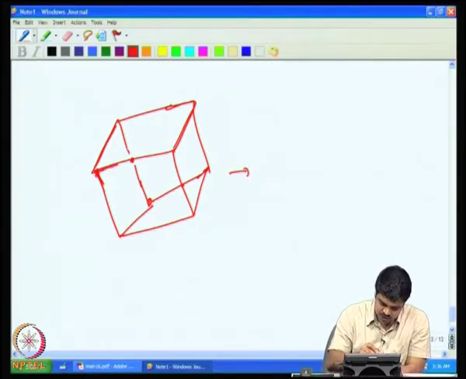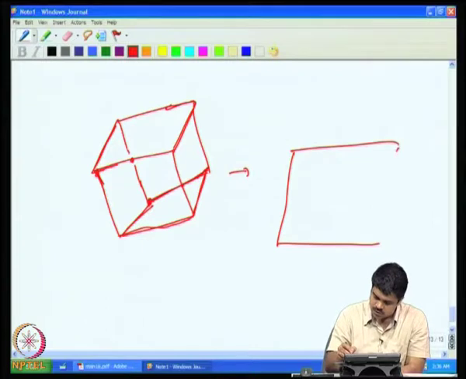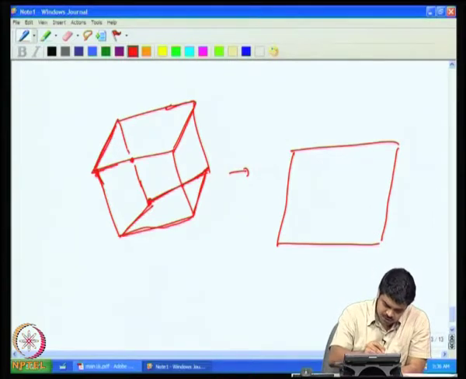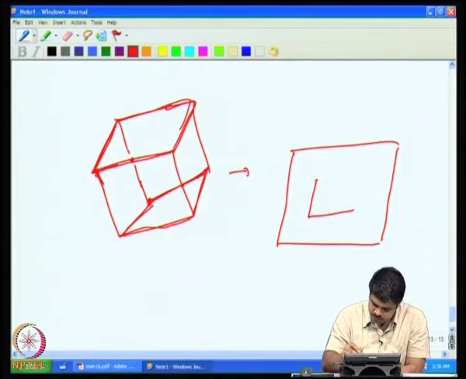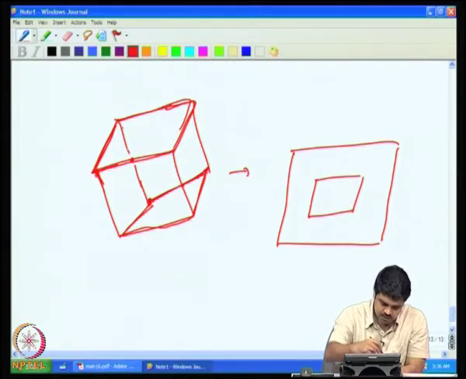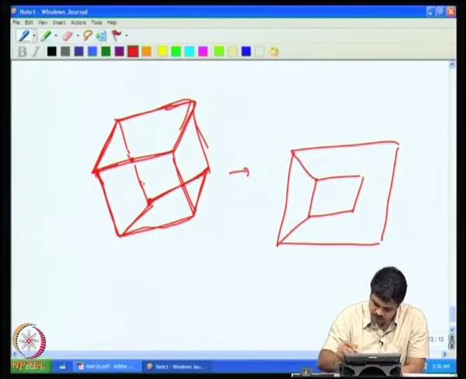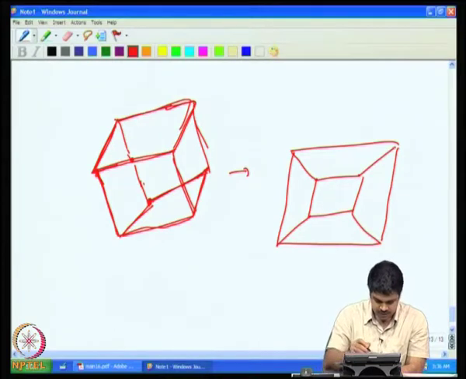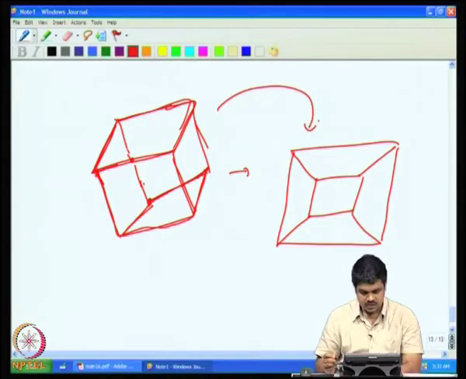So, what you do is this lower square can be drawn like this, right. Then now this upper square can be drawn like this, and then these 4 connections we will draw like this. So essentially this is the same.